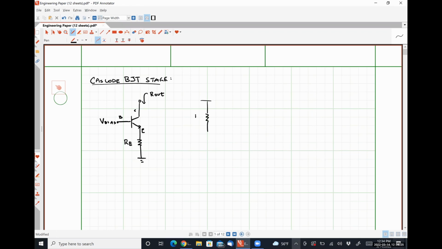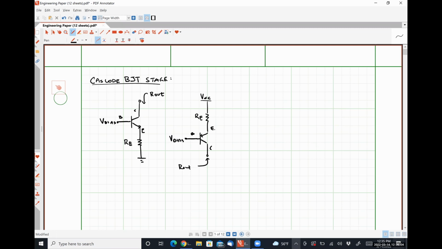So here's my emitter degeneration resistor, RE. Here's my voltage. And we have collector, base, and emitter.